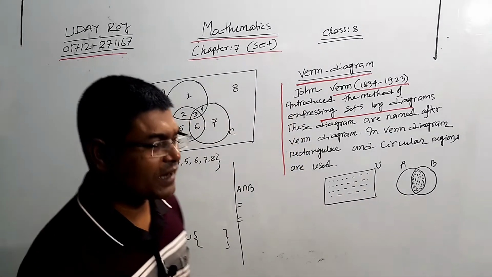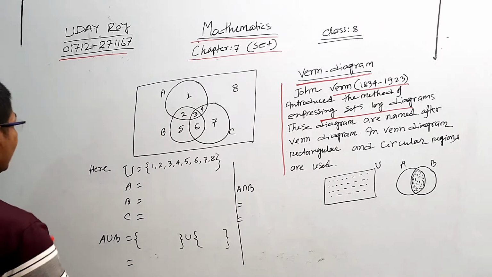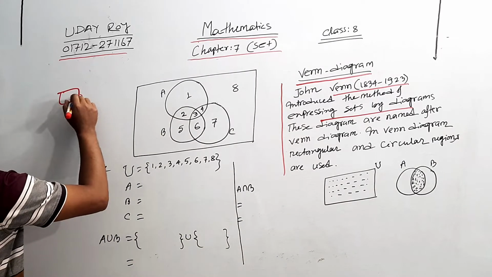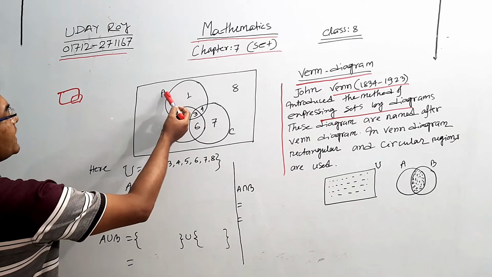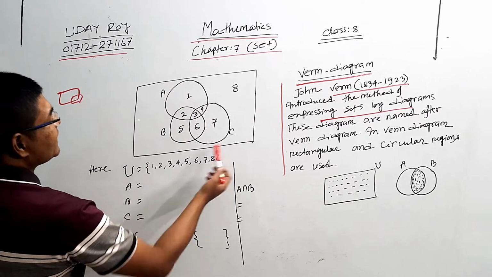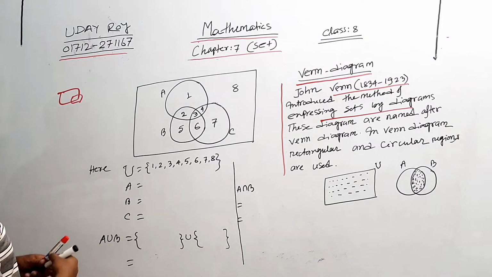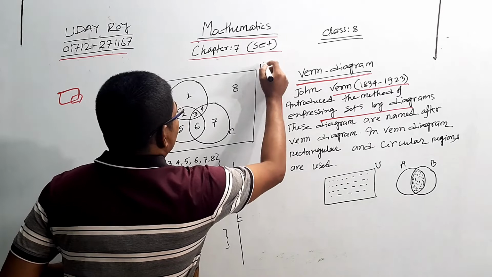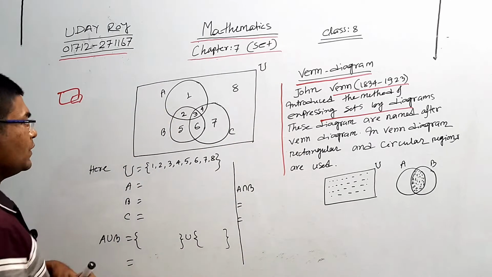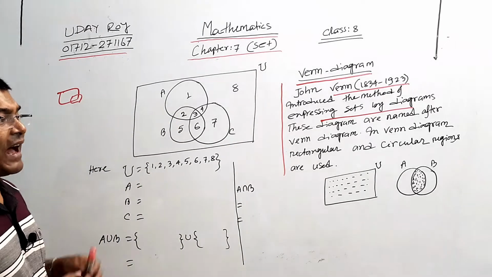Okay, let's come back. You can see here is a figure. You can see here is A, here is B, and here is C. So it is universal set. So let's find out how many elements.